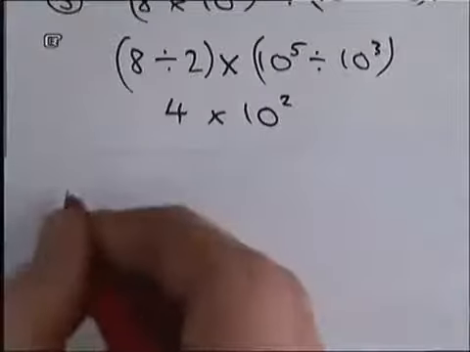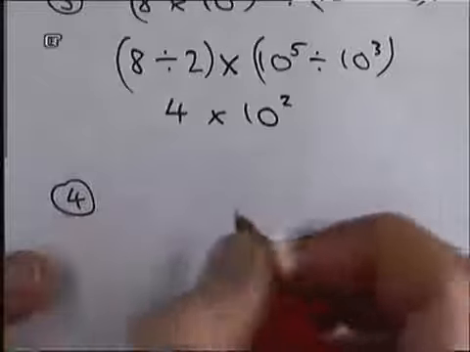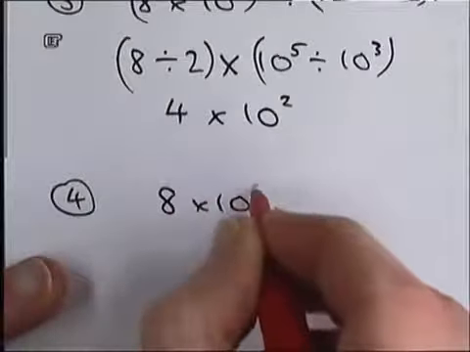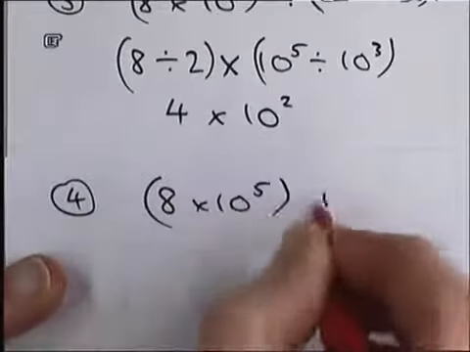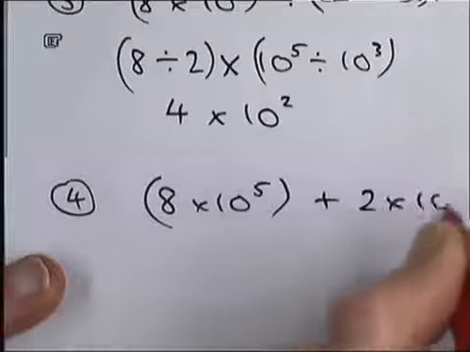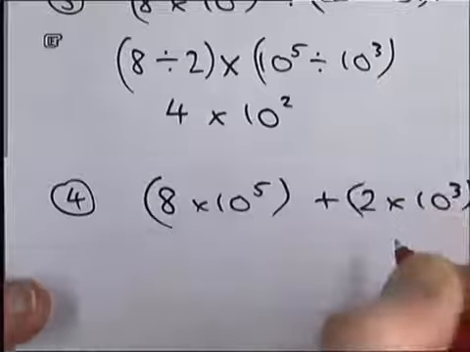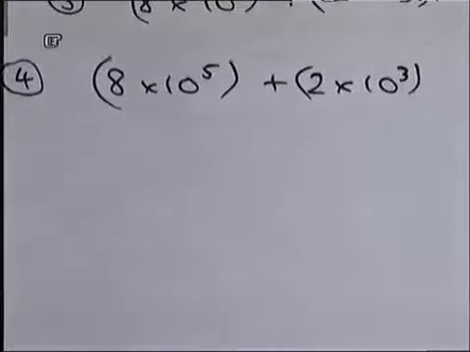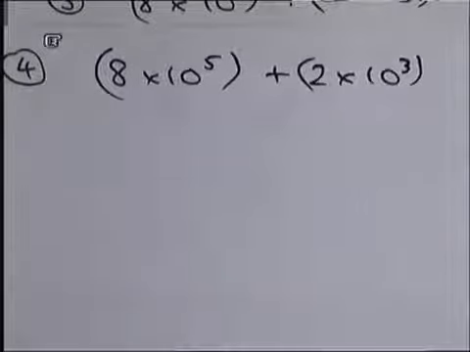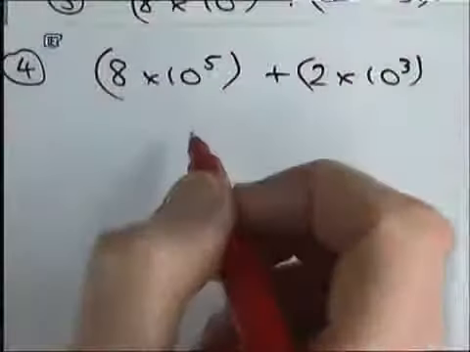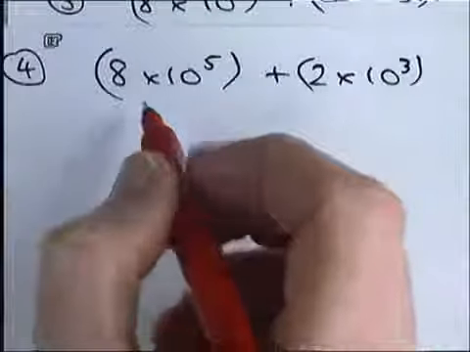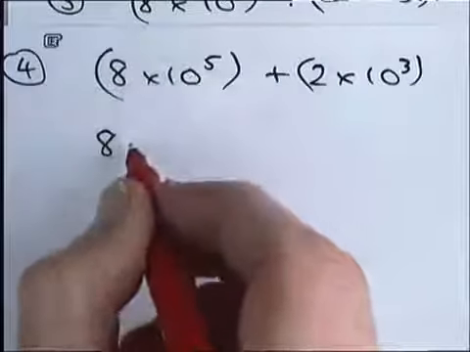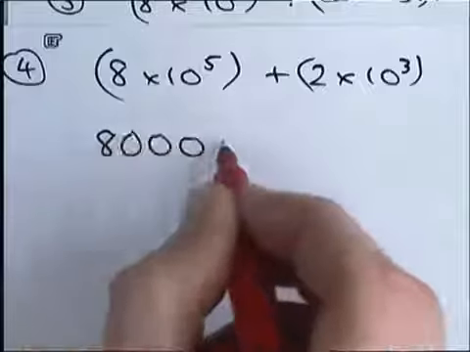If you're asked to do an addition or a subtraction in standard form, for example, if you're asked to do 8 times by 10 to the 5 plus 2 times by 10 to the power of 3, you can't do any special standard form tricks if you're adding or if you're taking away. The only way to do this really is to write both of these numbers out as normal numbers. That 8 times 10 to the power of 5 is 8 with 5 zeros after it.